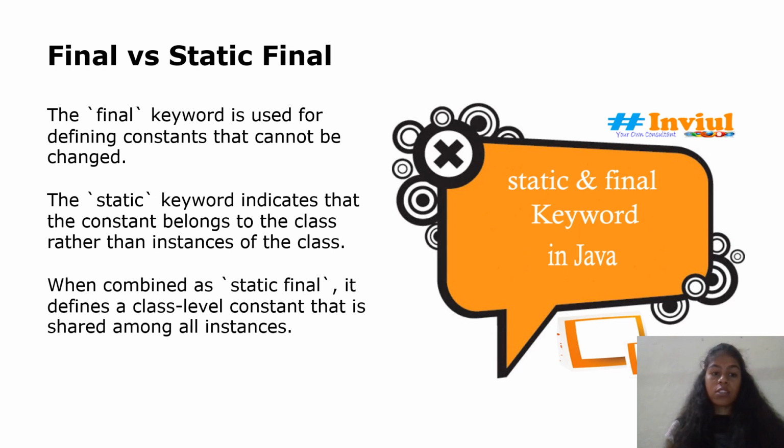So the final keyword is used for a constant that cannot be changed, and static indicates that the constant belongs to the class or to instances of the class. The combination of static and final is a class-level constant shared among all the instances.